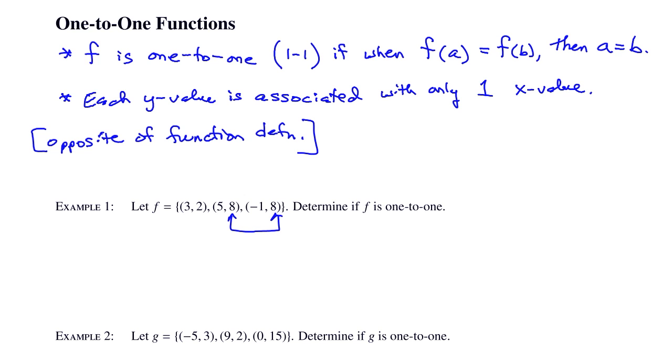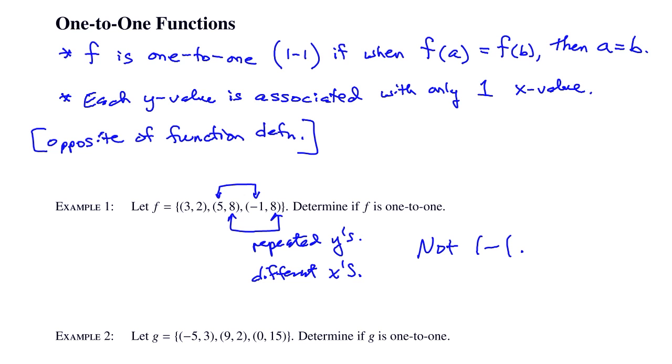Then you check the x values. Was there only one x value related to the y value of 8? The answer is no. So repeated y's, but different x's. That is not one-to-one.